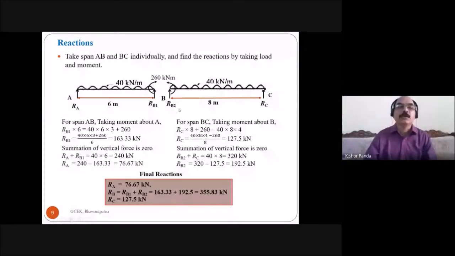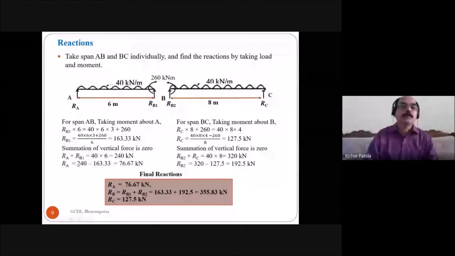Then the total reaction at B, RB, is equal to RB1 plus RB2. The reaction at A is RA, and the reaction at C is RC. Then you have to find the reactions RA and RB1 for span AB, and RB2 and RC for span BC.